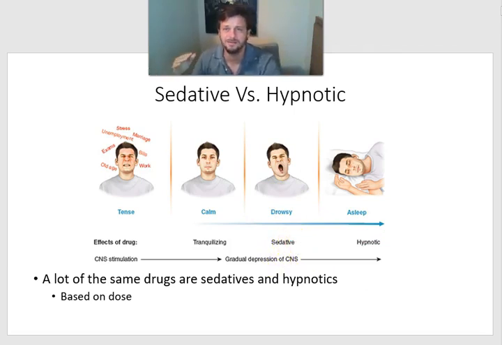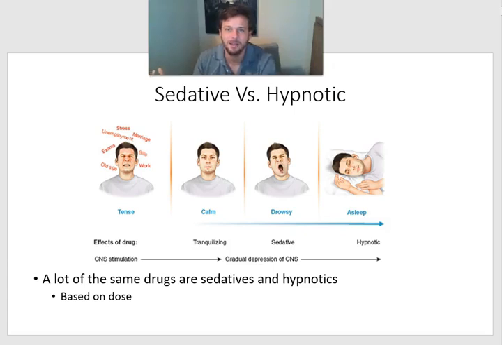All the sedatives and hypnotics that we're talking about are dose dependent. So it's a sedative at a lower dose and then a hypnotic at a higher dose. Sedatives commonly get prescribed for people who should not be active.